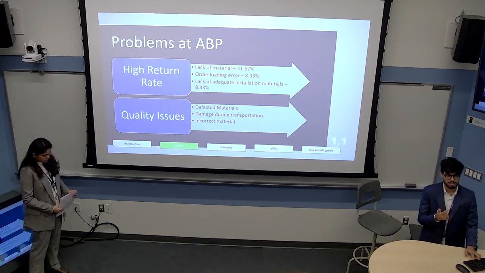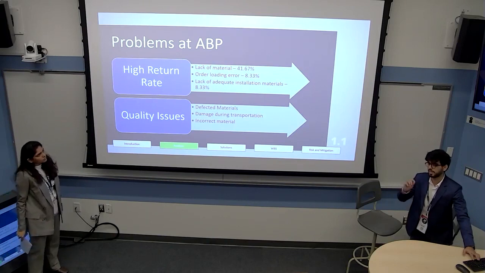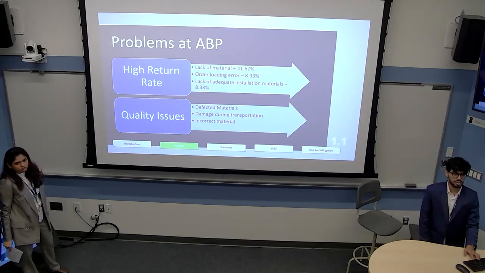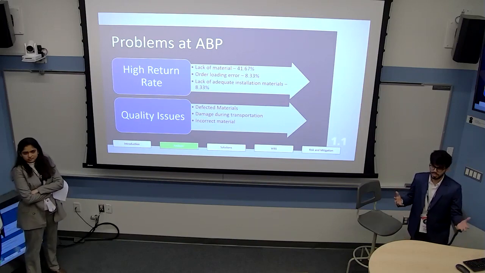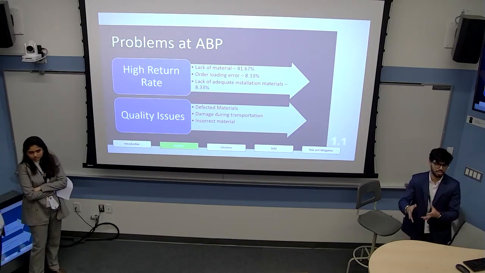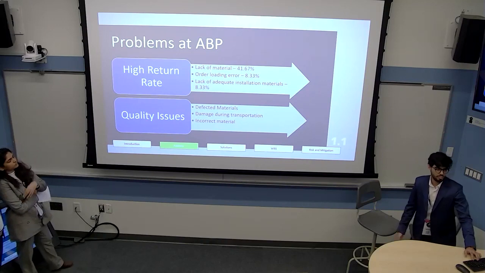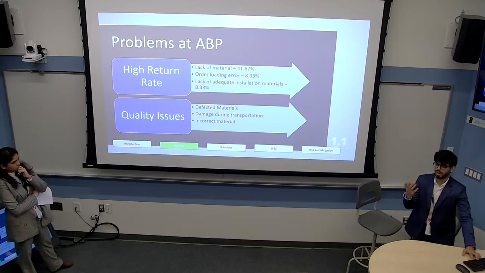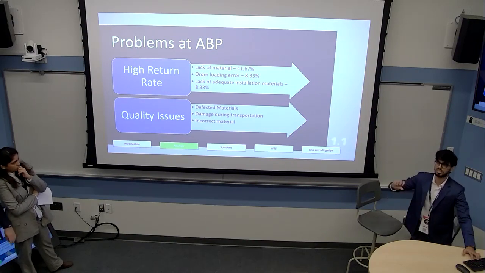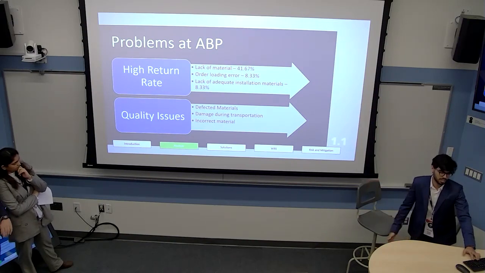So this was a big problem they needed to tackle. Then there was order loading error, which is mostly due to communication and coordination between different teams. And finally, lack of adequate installation materials, which is again part of materials, but it is the installation devices that are required.